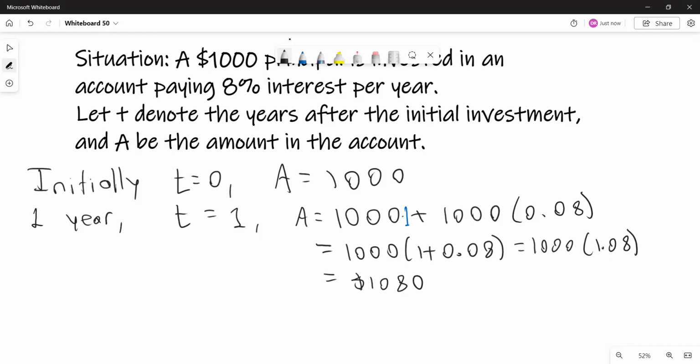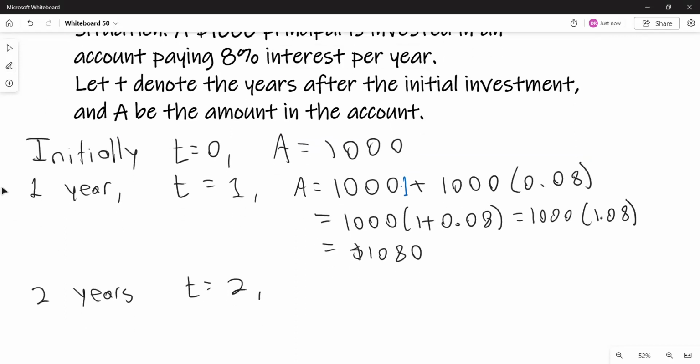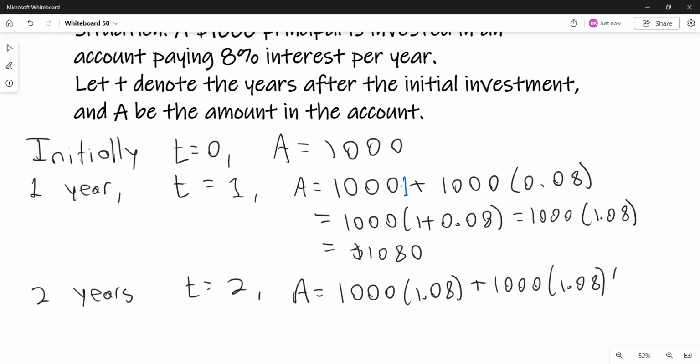After 2 years, T is equal to 2. And the amount in the account is going to be the previous amount, the amount after 1 year, plus 8% interest. So that previous amount of 1,000 times 1.08 will earn 8% interest. So 8% of this number is going to be this number times 0.08.